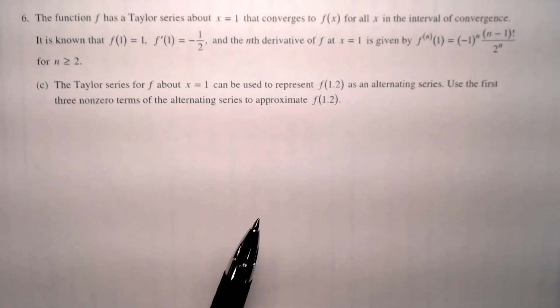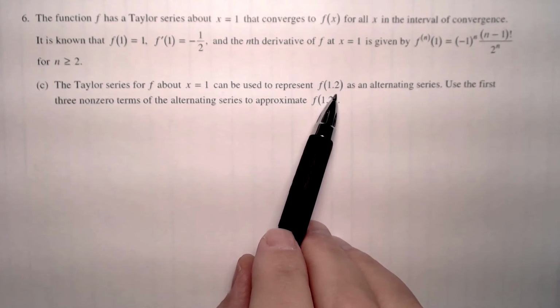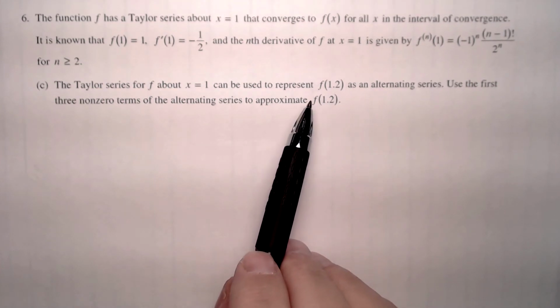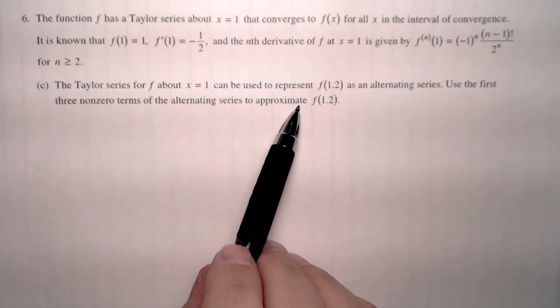In this question, we are being asked to approximate f of 1.2 with the first three non-zero terms of the alternating series.